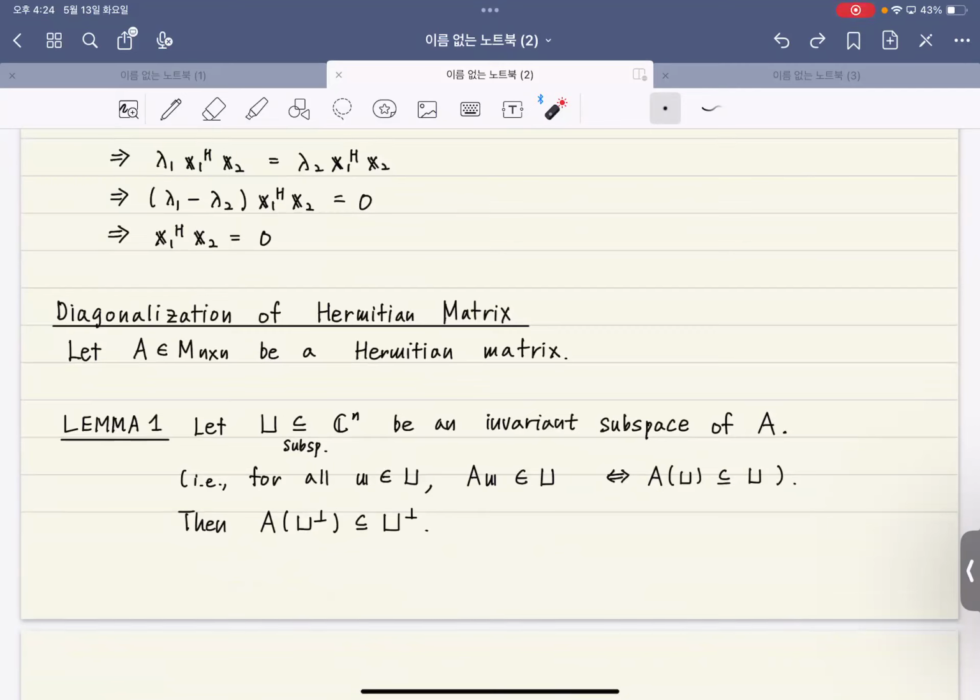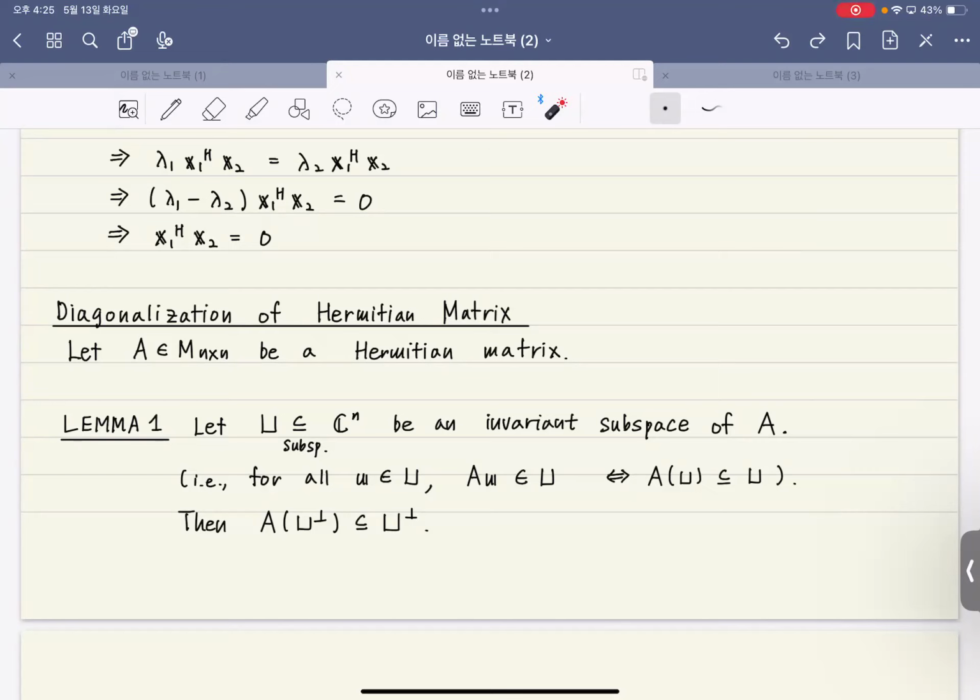Now we are getting close to the most important theorem of today's lecture, so I will just cut to the point. There are some matrices that allow diagonalization, but there are also some matrices that do not. If your matrix A allows diagonalization, then the Jordan form of the matrix is actually the diagonalization of your matrix.